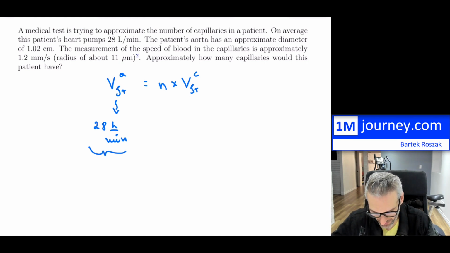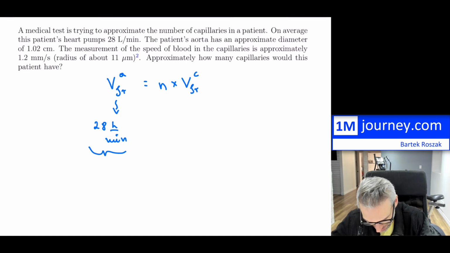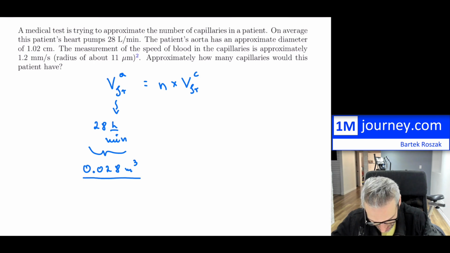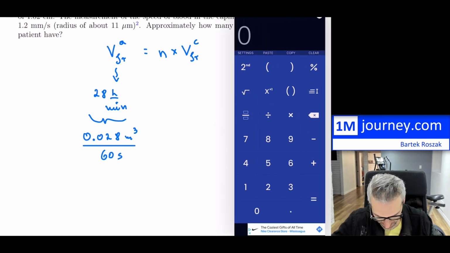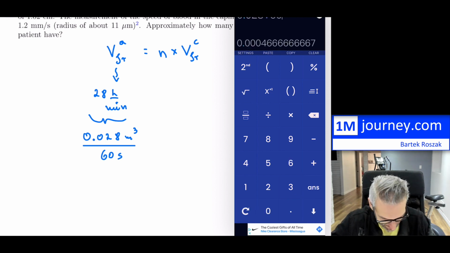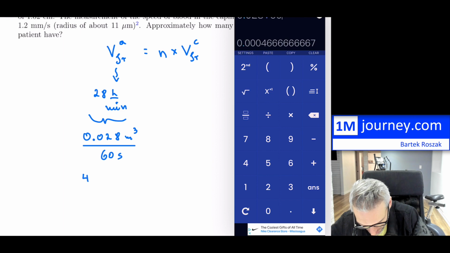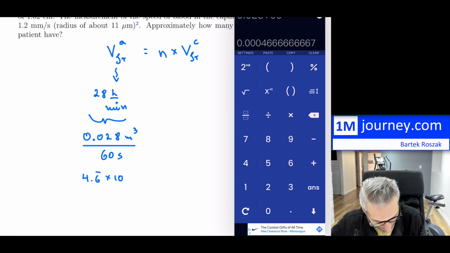There's 1,000 liters in a meter cubed. So that means this is going to be 0.028 meters cubed. And a minute is obviously 60 seconds, so that's not very difficult. So let's make my life a little bit easier. I'm going to put this in, divided by 60. And, well, it's not easier at all. So 4.6, all these sixes times 10, and that's what?